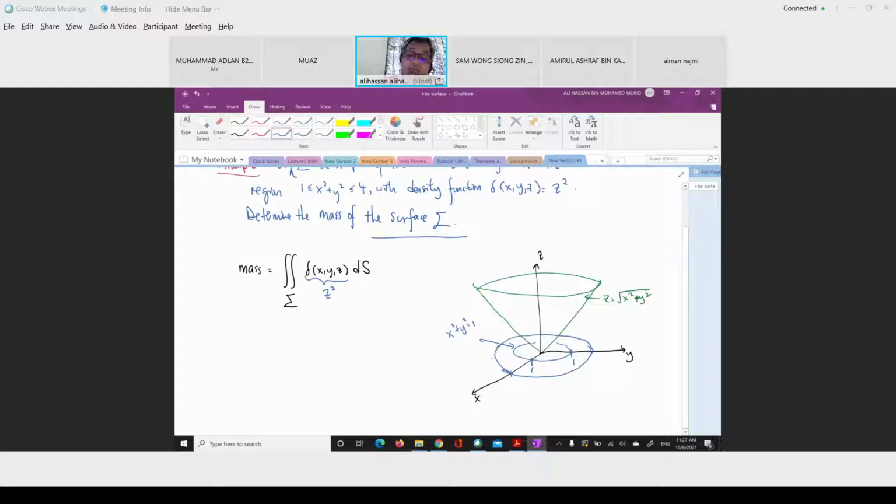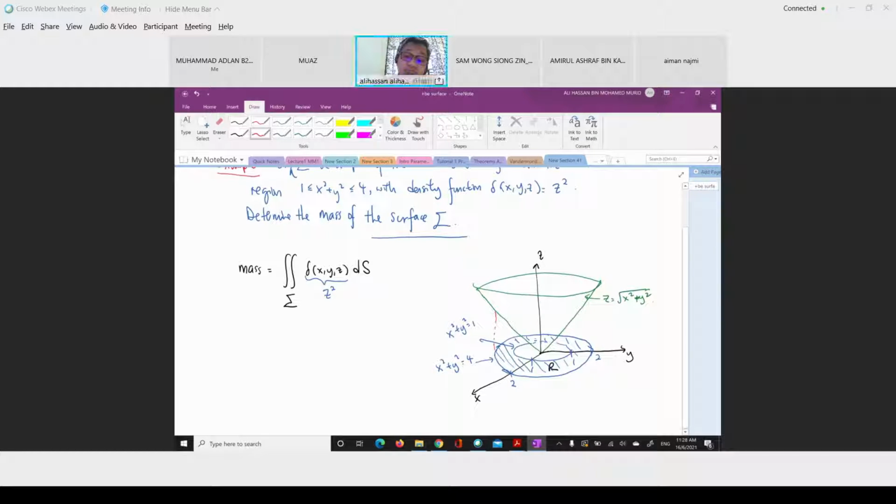This bigger circle has the equation x squared plus y squared equal to 4, centered at 0 with radius 2. This blue region is actually R. So it is a part of the cone with (x,y) in this region.